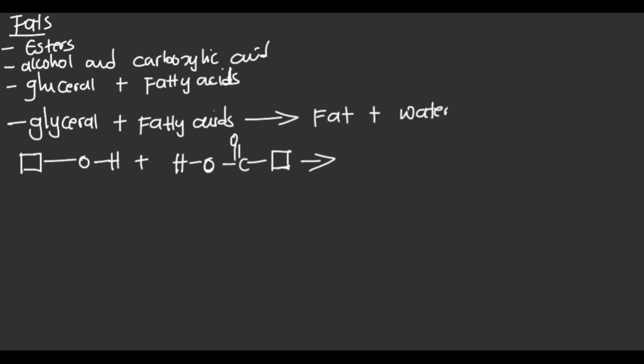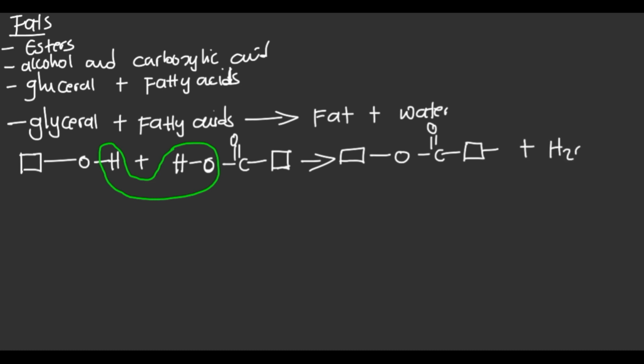We are going to remove hydroxide from the fatty acid and hydrogen from the glycerol so that we can form the molecule of water. Then we connect the remaining parts here. Now that we know the structure, let's look at how we identify the linkage that was formed.